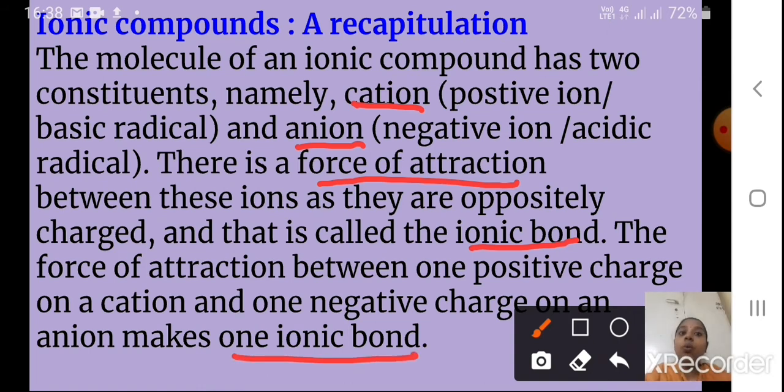The compounds which are formed because of the ionic bond, we call them ionic compounds.